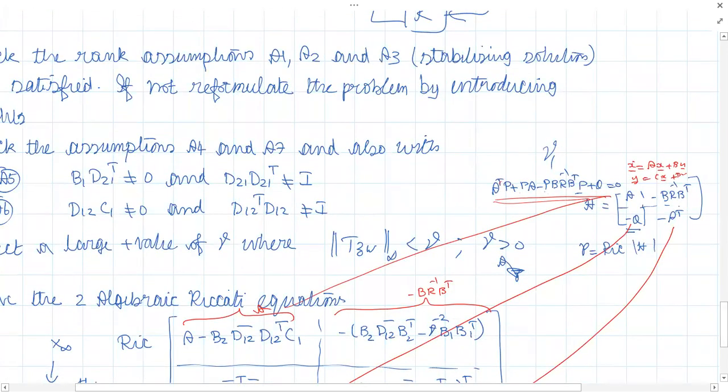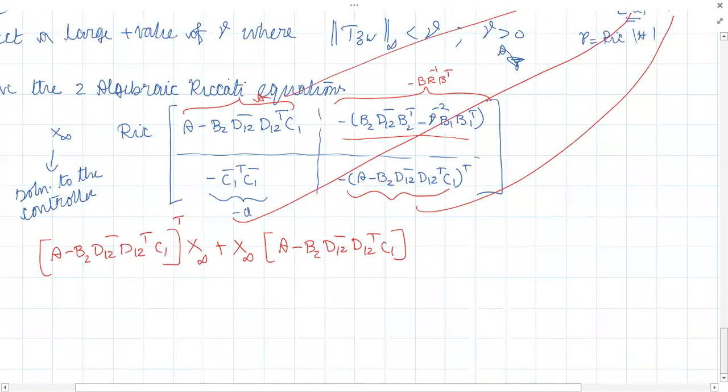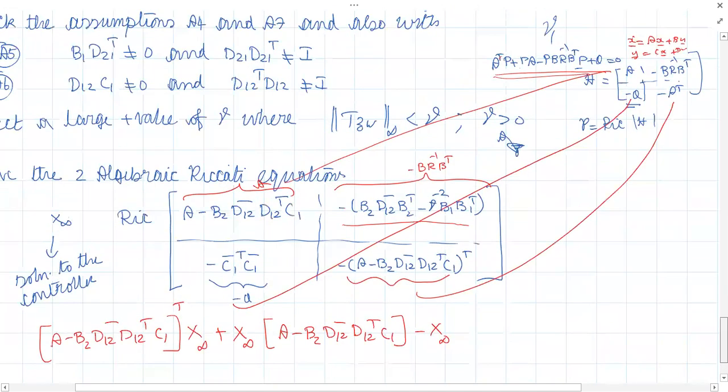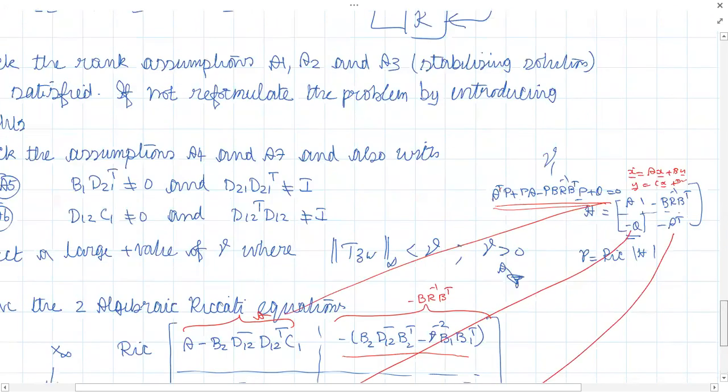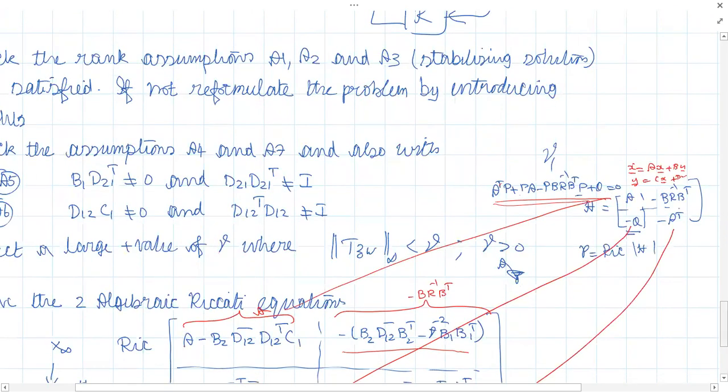Then next, minus P B R inverse B transpose. Instead of P, we have X infinity, so that term is here. Instead of that, I can write X infinity into B2 D12 bar B2 transpose minus gamma raised to minus 2 B1 transpose into X infinity, plus Q. What is Q?